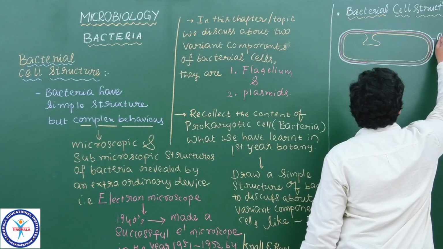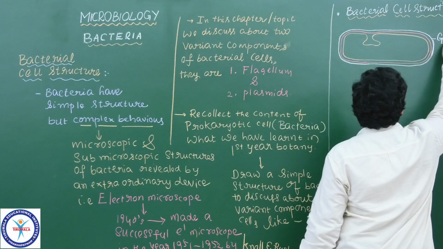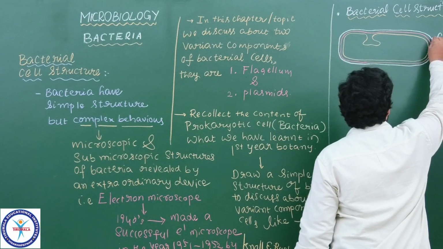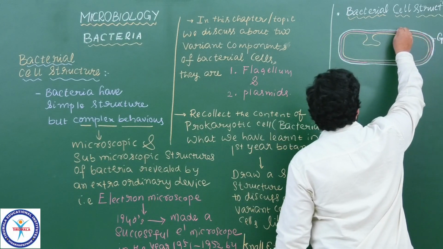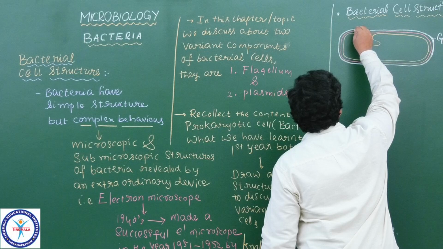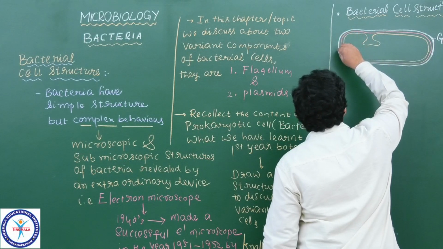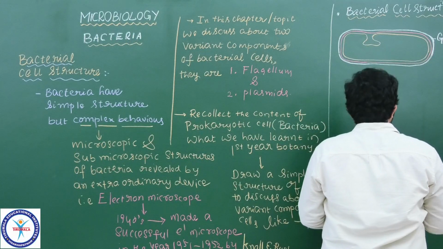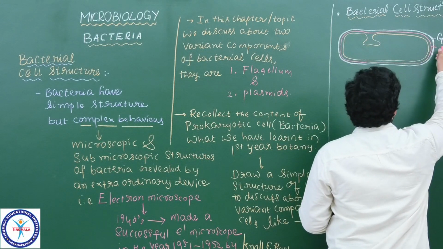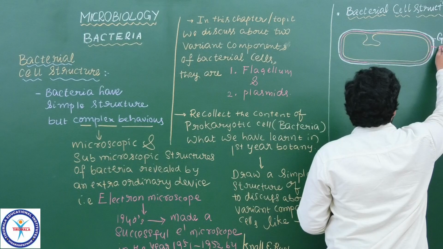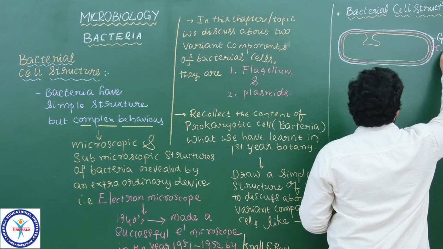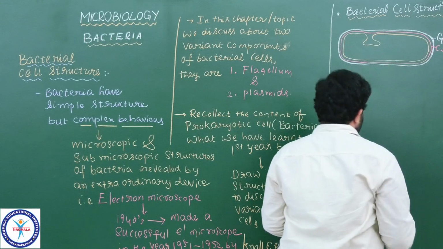This is the glycocalyx. We already learnt this in the first year. Please note it down one more time: glycocalyx is the outermost layer we see in the bacterial cell structure. The second layer, what is it? Cell membrane.